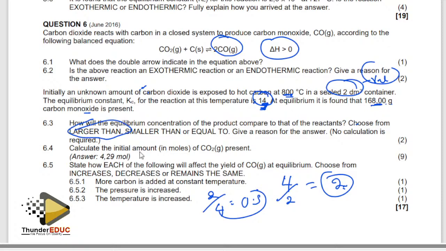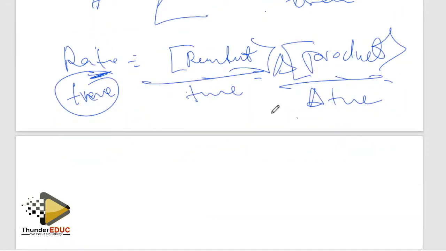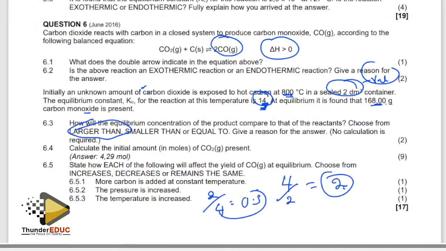Now, calculate the initial amount of carbon dioxide present. So in this case, what are you going to do? You have to use the RICE method, and then we are able to get everything here. I don't know what you are using, but I call it RICE.